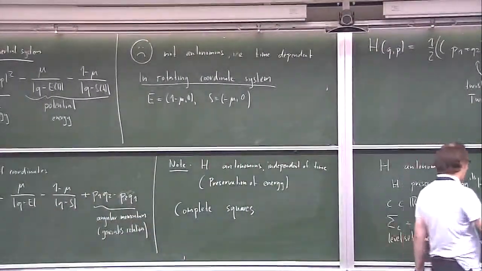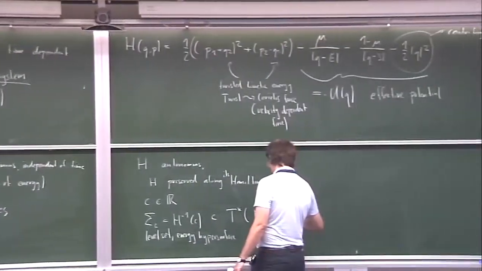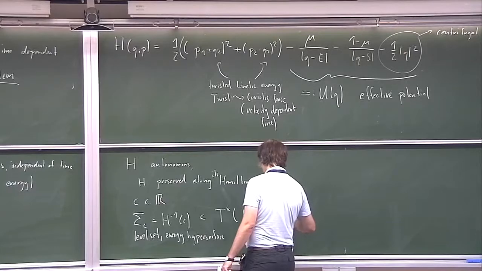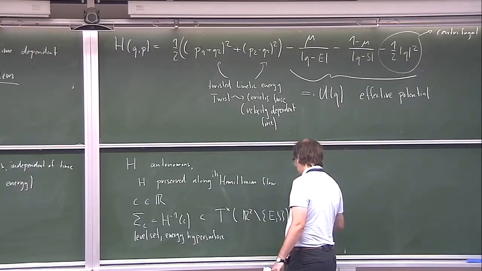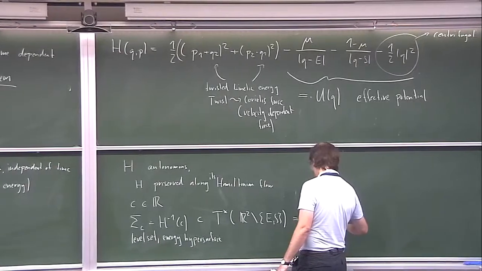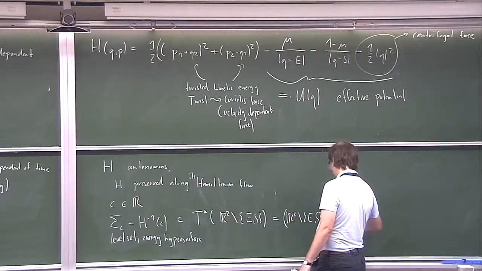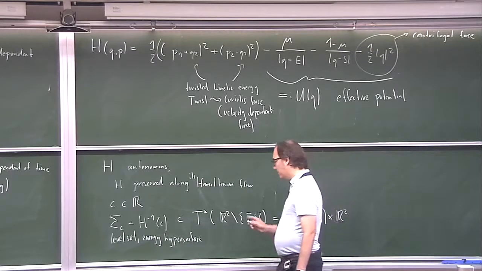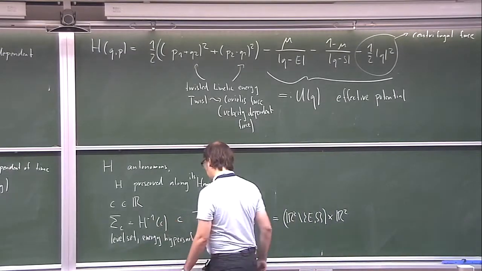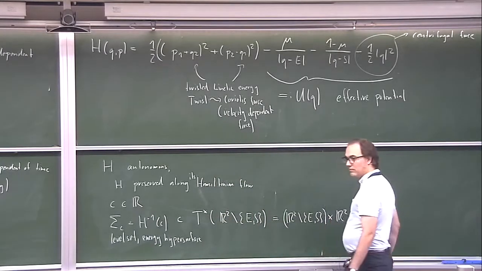So we have to remove E and S from R2, and this is just a trivial bundle, so it's (R2 minus {E, S}) times R2. So we have a hypersurface in this four-dimensional phase space.